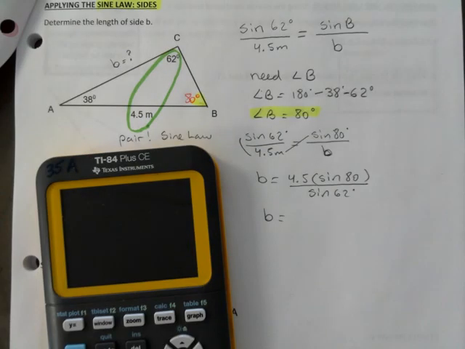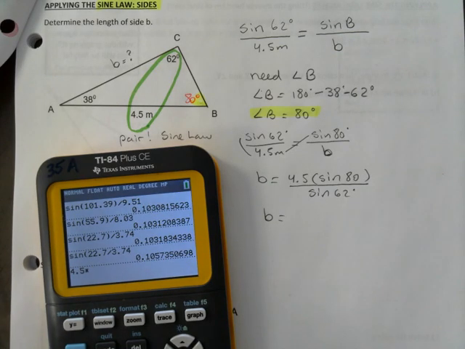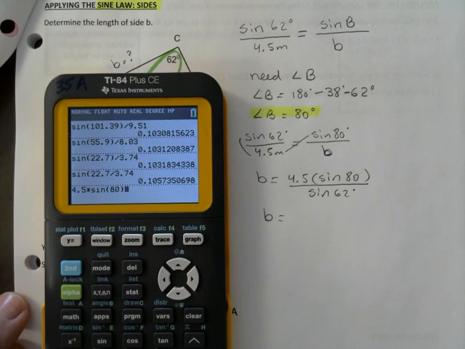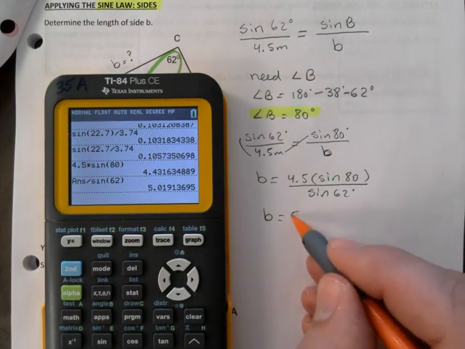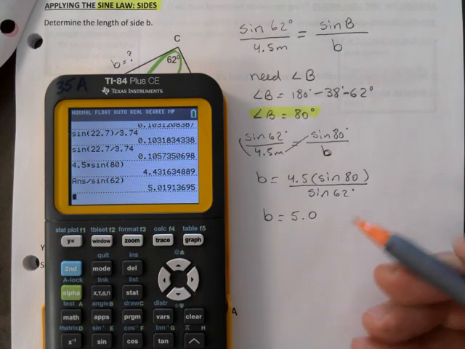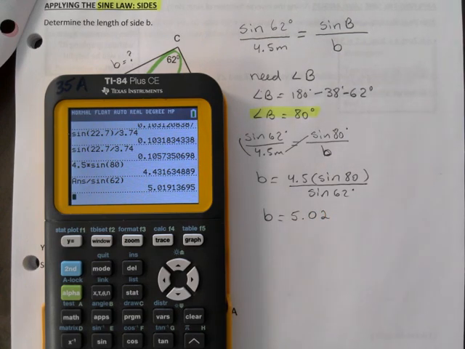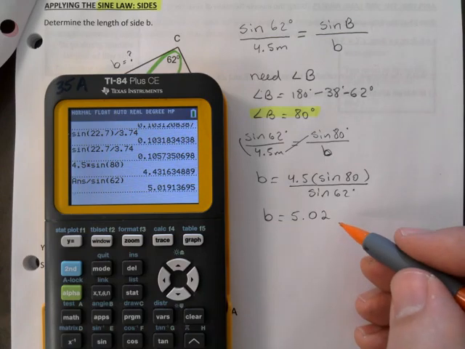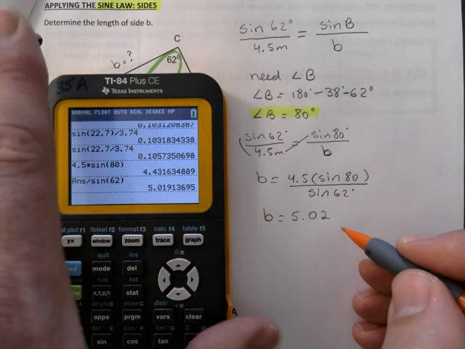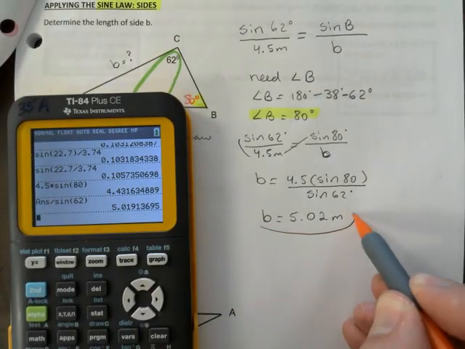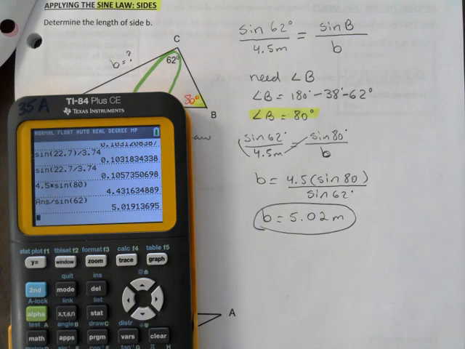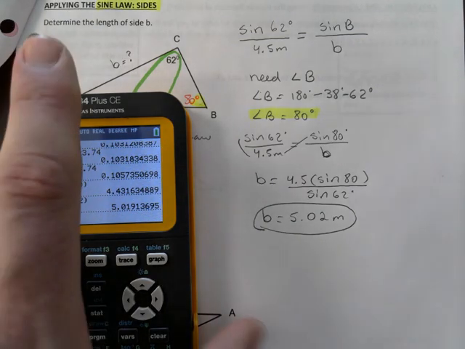Make sure you have no calculator issues. I would strongly suggest you close the brackets, I hit equals, then I go divided by sine of 62. And you get 5.02, right? 2 decimals for everything, even angles, okay? And we are in meters. So that solved the side that we're missing.